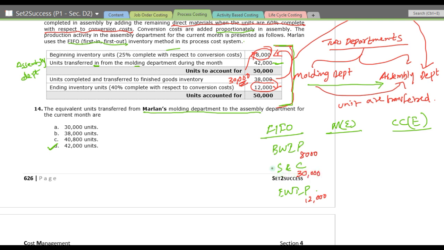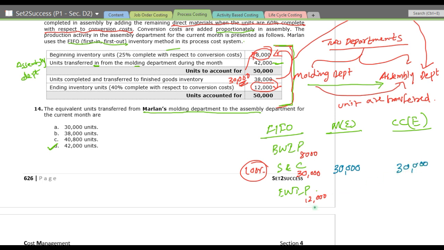Now, started and completed is always 100% for material as well as for conversion cost. So the material equivalent units for started and completed will be 30,000, and the conversion cost equivalent units will be 30,000.